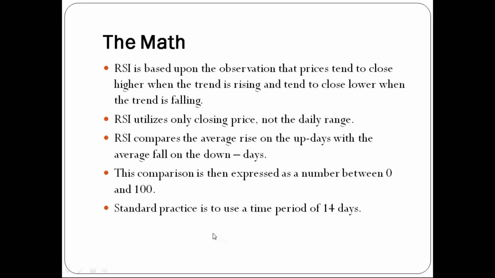The standard practice is to use a 14-day time period. Now there is a lot of debate on why we use a 14-day period, and we'll see as we move forward.